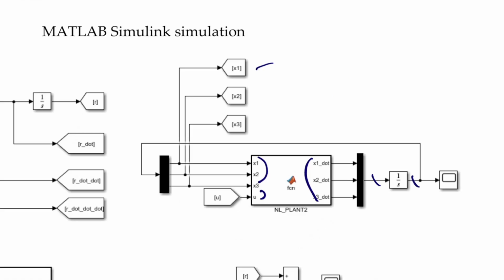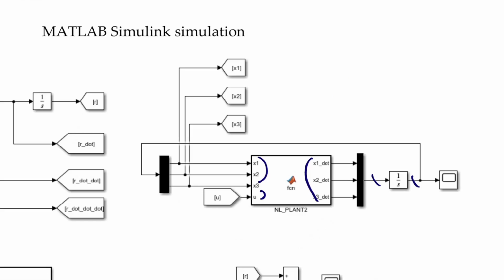And we have x1, x2, x3. We use these go-to little blocks to deal with some type of signal routing. And so the resulting block diagram and simulation would look easier on the eye at least.